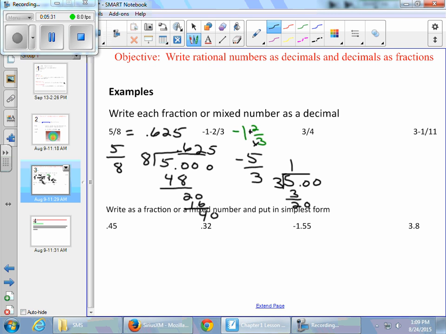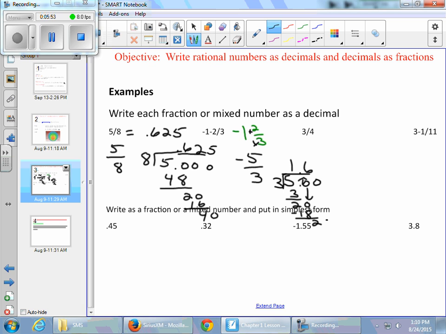Drop down a 0. We have 20. 3 goes into 20 6 times. Remember, the decimal goes straight up from where it's at. So it's 1.6. 3 times 6 is 18. 20 minus 18 is 2.